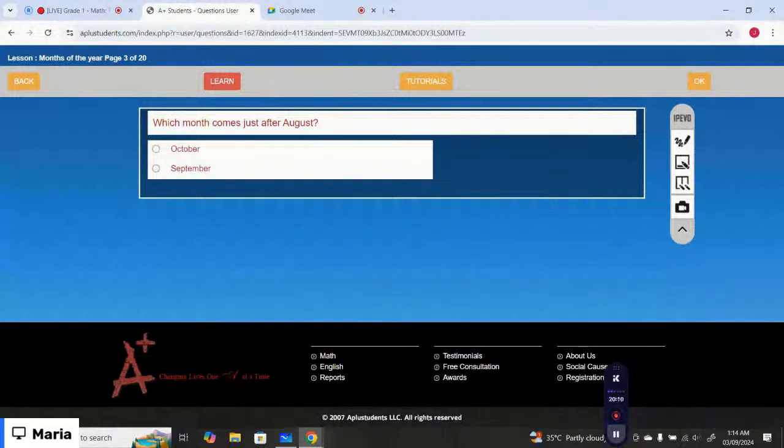The correct option is after August it is September. The correct option is September. Option number 2 is the correct option.